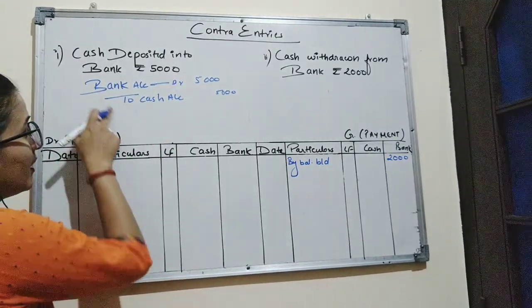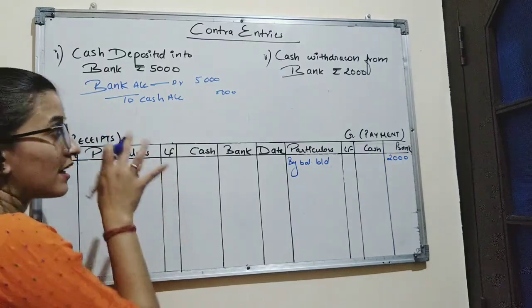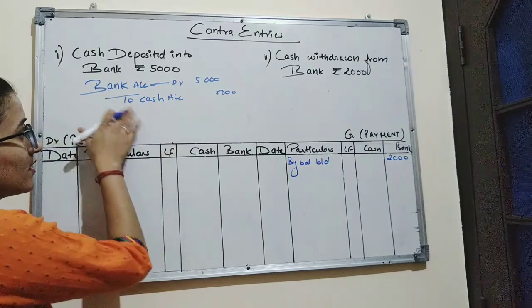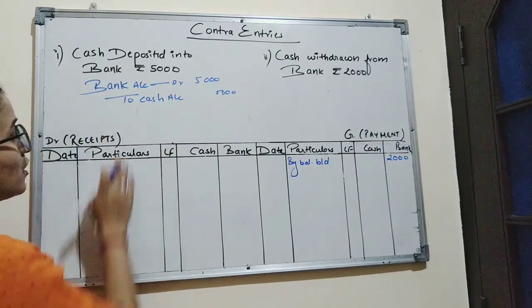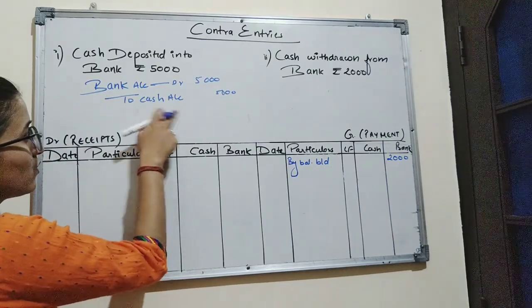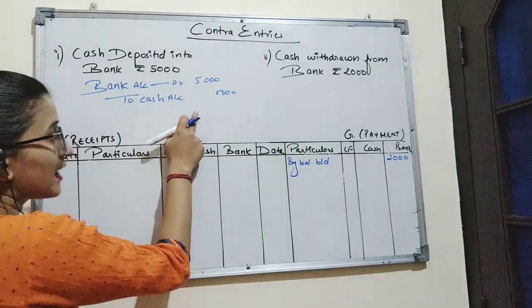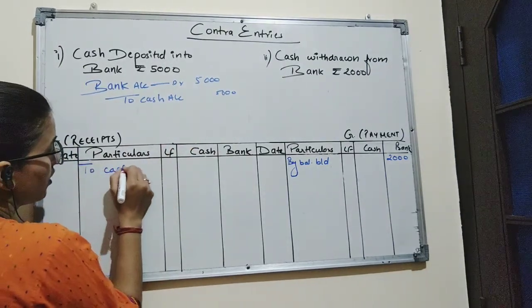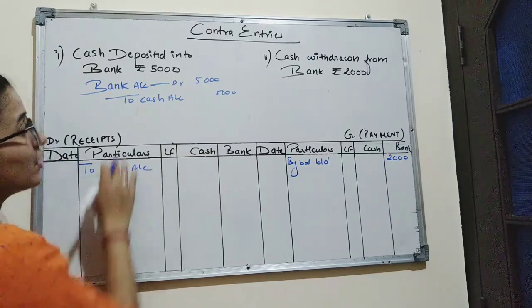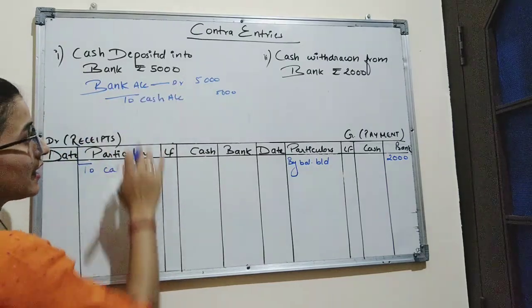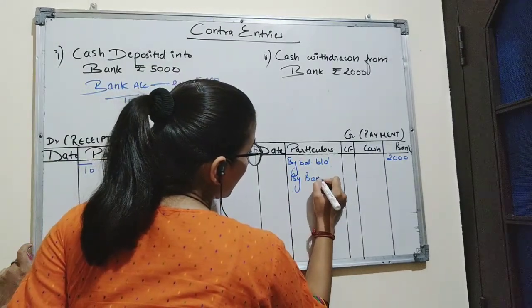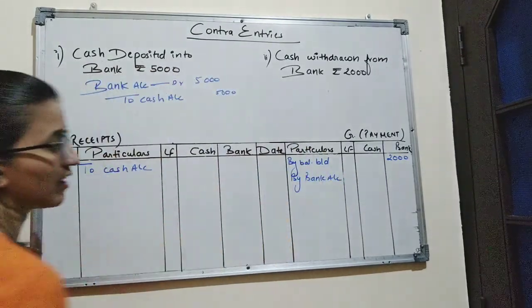See, here we know that whenever we post entries from the journal to the cash book or ledger, we post them in the opposite direction. So here, bank account debit to cash. Cash is on the credit side, so we will record it on the debit side as to cash account. Bank is recorded on the debit side, so we will record bank on the credit side as by bank account.